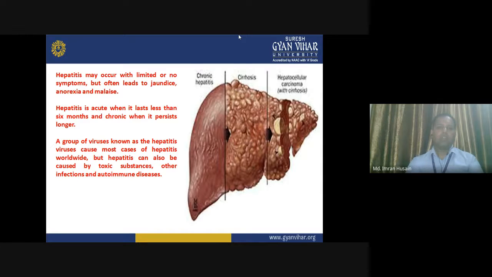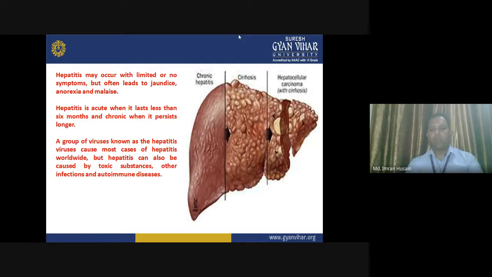Hepatitis is acute when it lasts less than 6 months, which is a minor condition, and chronic when it persists longer. The longer the hepatitis persists, the more lethal it becomes. Basically, it is a liver infection.